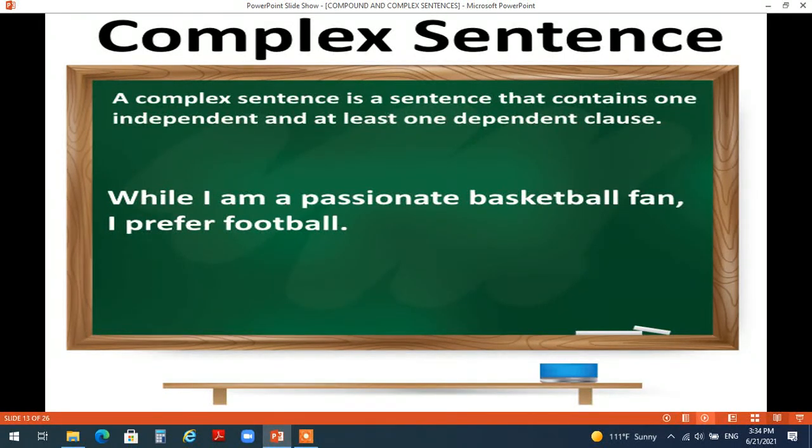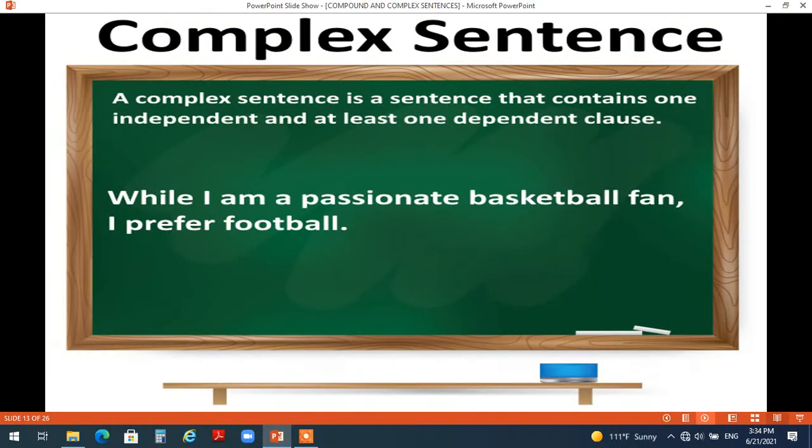For example, while I am a passionate basketball fan, I prefer football. Here you can see that we have connected these two clauses or these two simple sentences by using the subordinator while. In this case, we have two types of clauses.